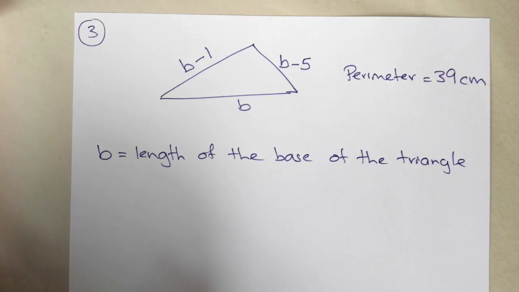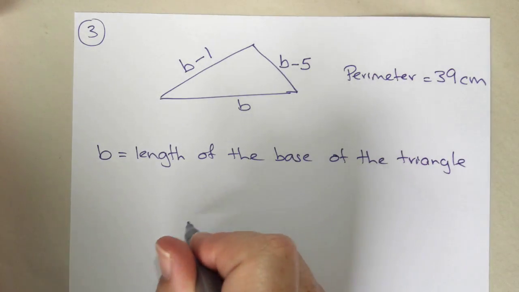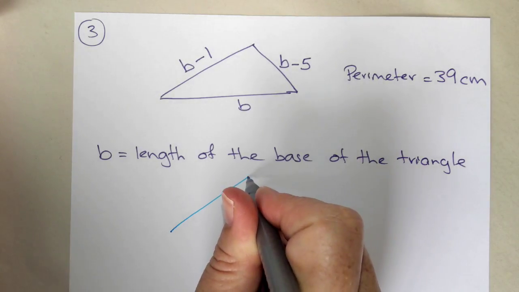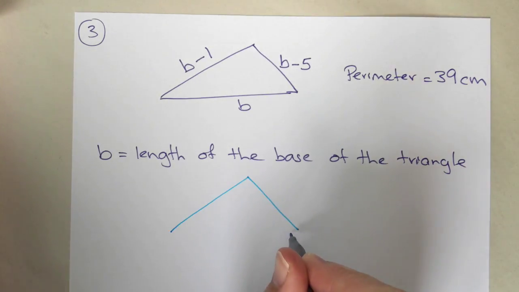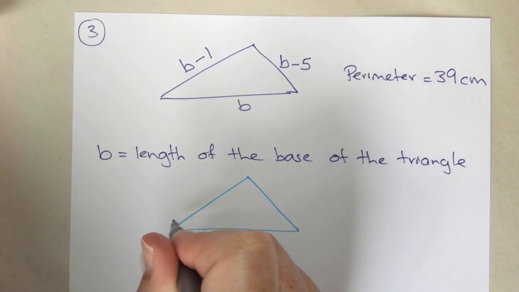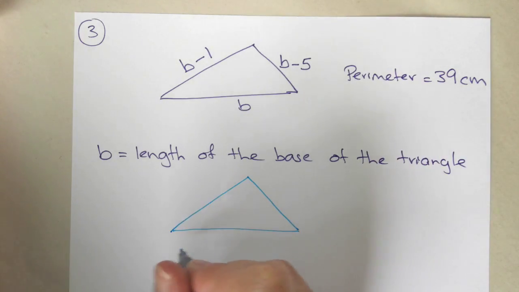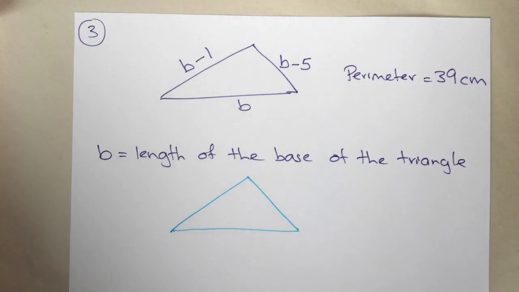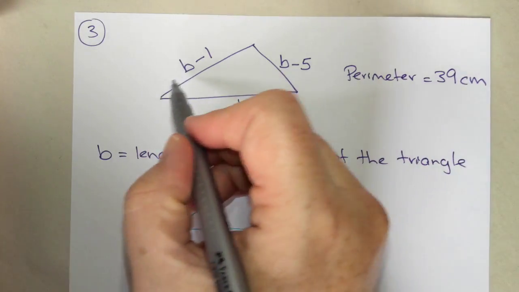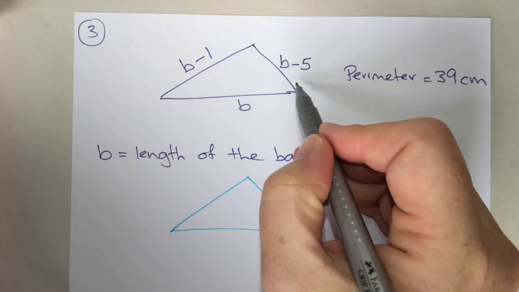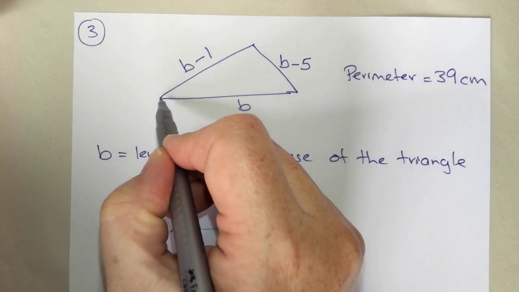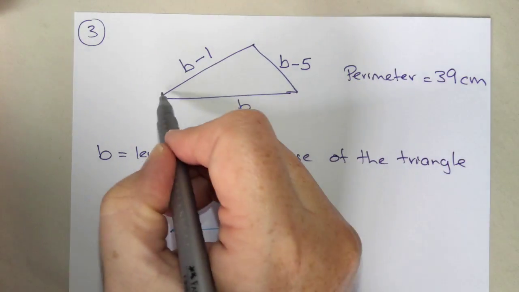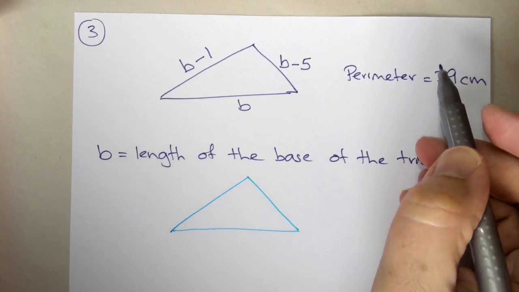Now what is a perimeter? A perimeter is the length of one side plus the length of another side plus the length of the third side. If we add the lengths of those sides together, that is your perimeter, the distance around the outside of a shape. So in this case, it would be the length of this side plus the length of this side plus the length of that side, and that's going to add up to the perimeter of 39.